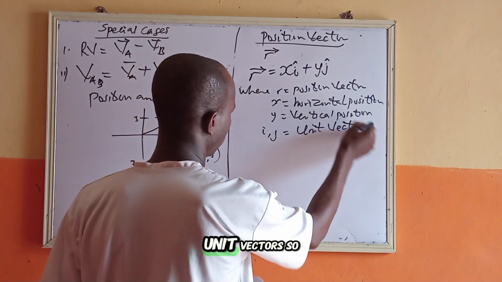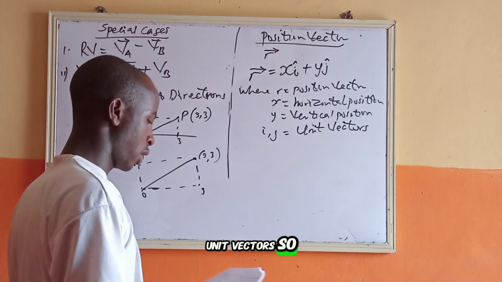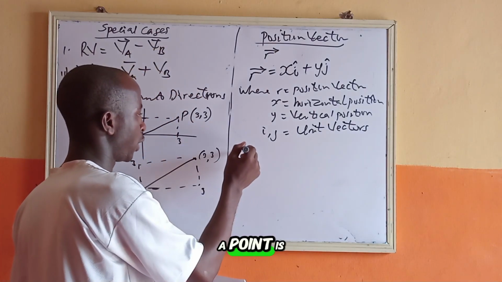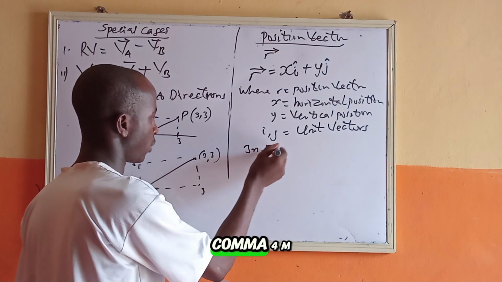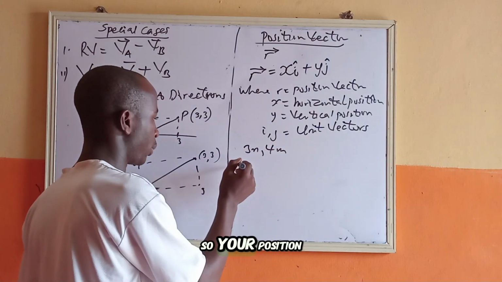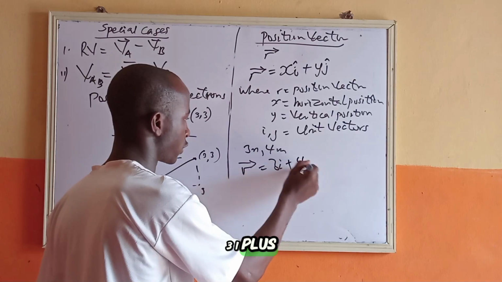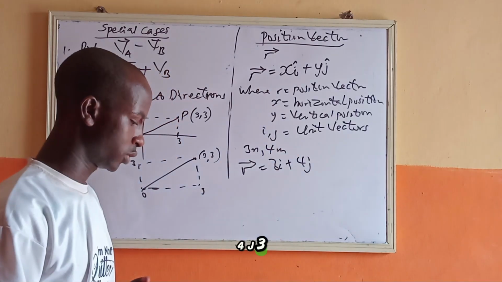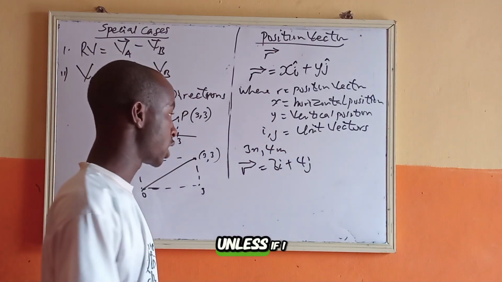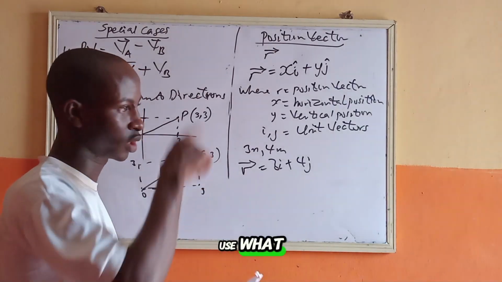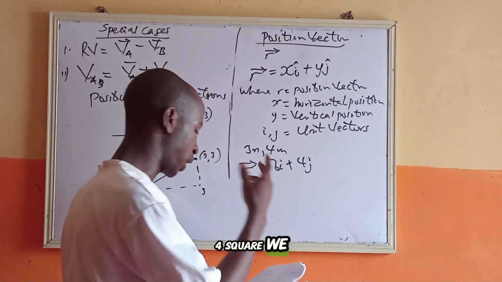So, example: if a point is at 3 meters, 4 meters, your position vector will just be 3i plus 4j. Unless I have to find the resultant of the position, that's when you can now use the square root of 3 squared plus 4 squared, if we are asked to find that.